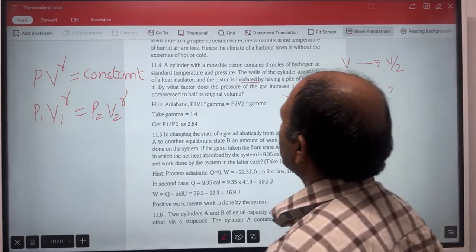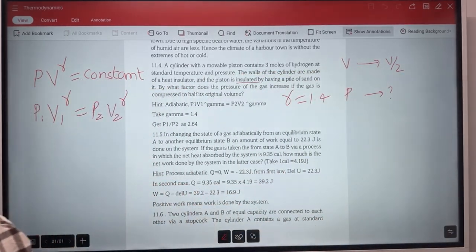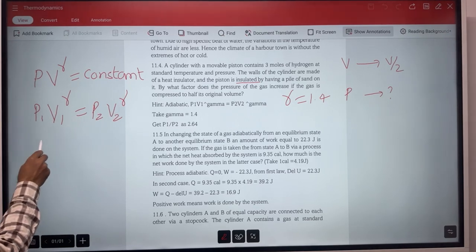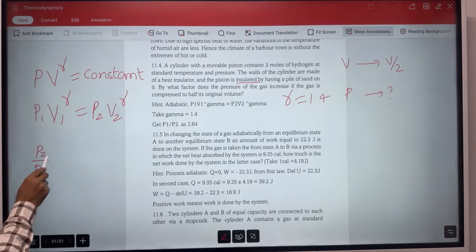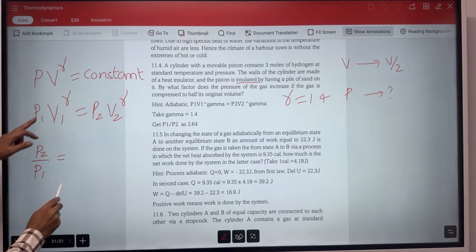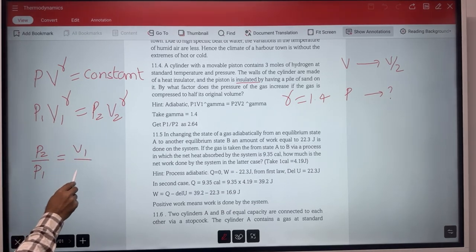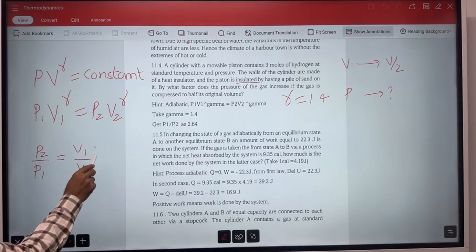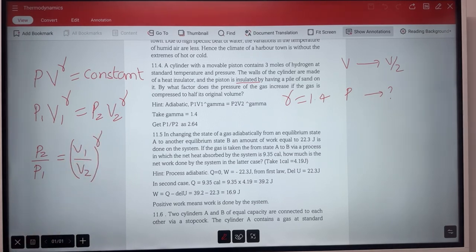Right. So from this formula, we can write P2 upon P1. Then what do we get? It will become V1 upon V2 whole power gamma. No doubt.